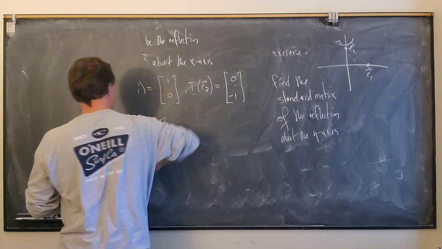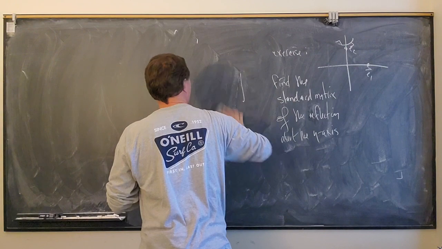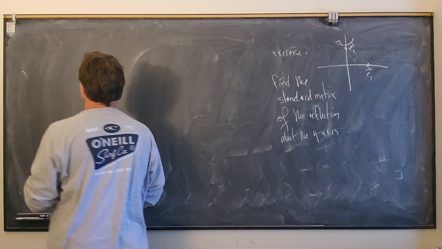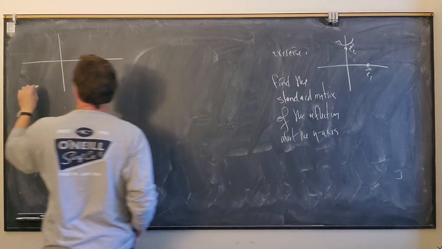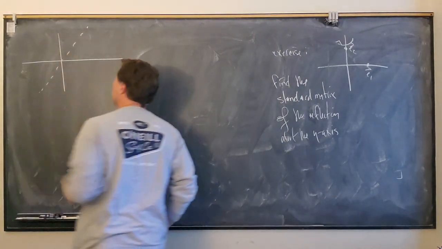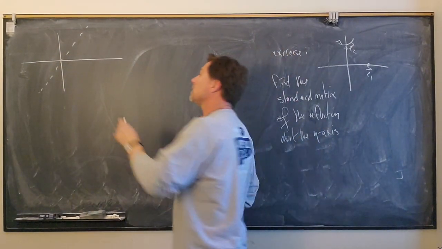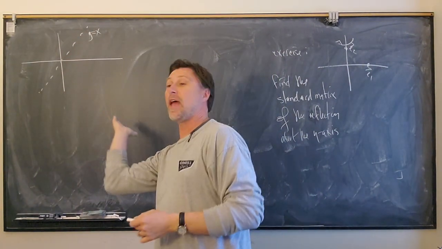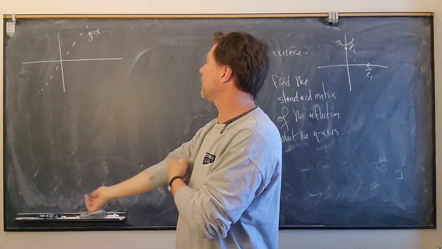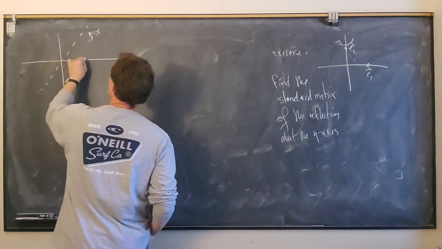And then let's do one more example of a reflection in R2. What if we reflect about the line y equals x? Imagine taking the plane and flipping it over about that line right there.